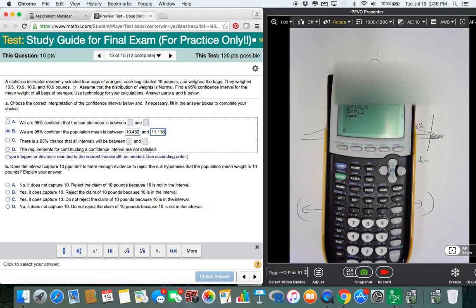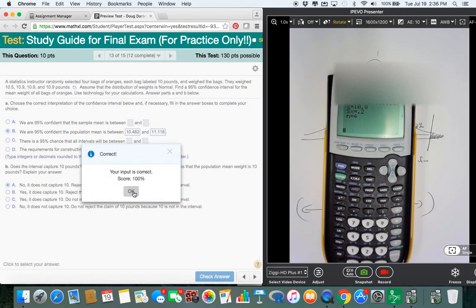All right. Does the interval capture 10? It doesn't. 10 is below the left bound. So no, it does not capture 10. We would reject the claim of 10 because it's not in our interval.